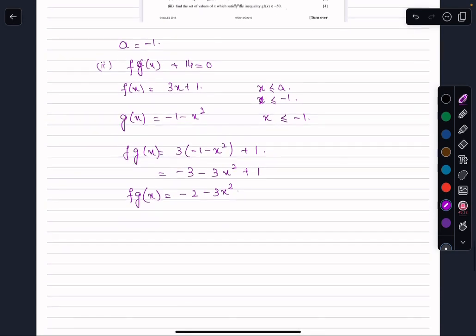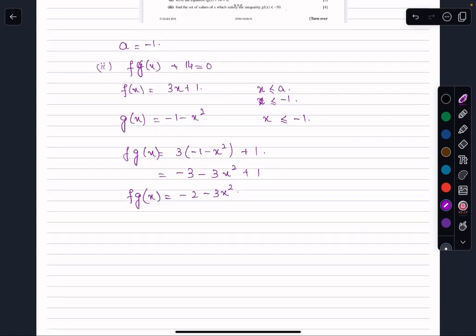According to the question, they have said that f of g of x plus 14 was equal to 0.